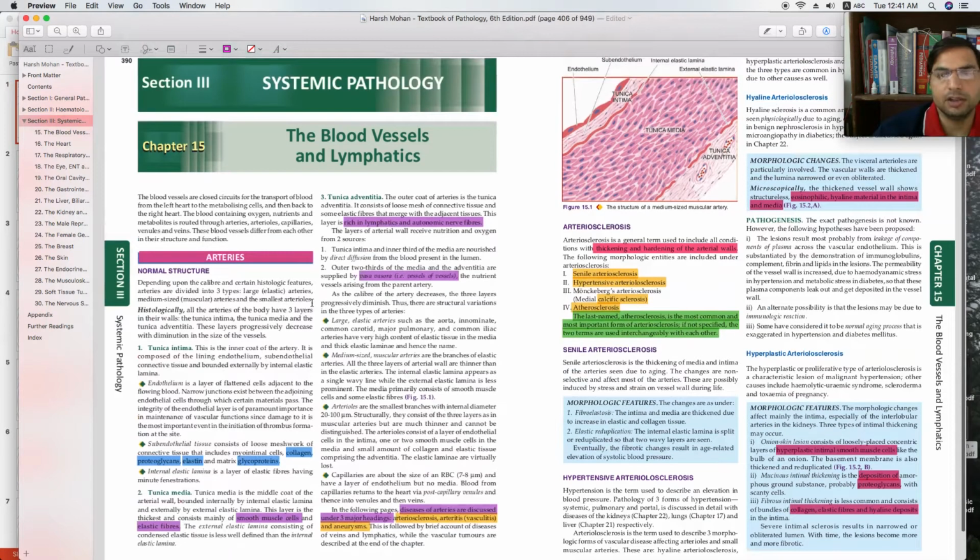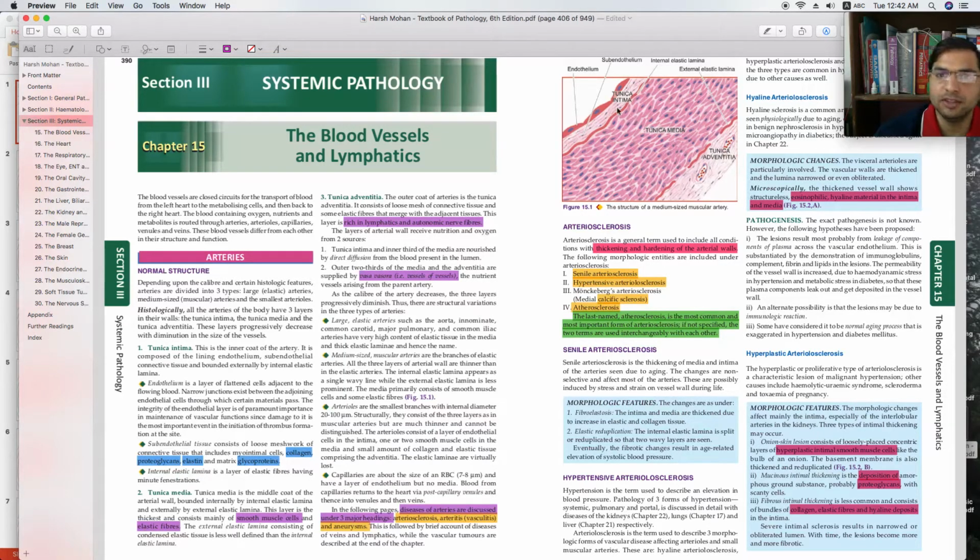These three layers are: number 1, tunica intima; number 2, tunica media; and number 3, tunica adventitia. You can see in this picture. Tunica intima is the innermost layer, tunica media is the middle layer, and tunica adventitia is the outermost layer.